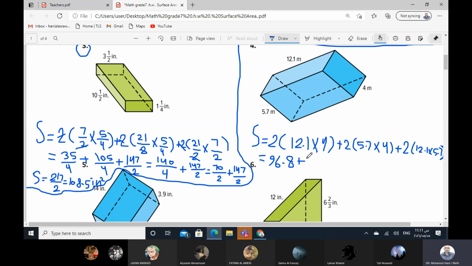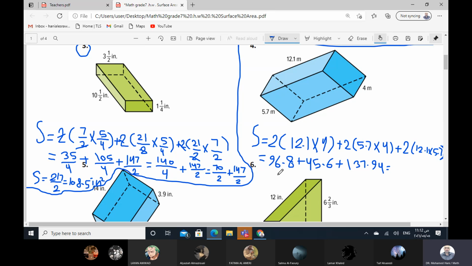So it will be 45.6, plus, and here we have 2 times 12.1 times 5.7. So the answer will be 137.94.